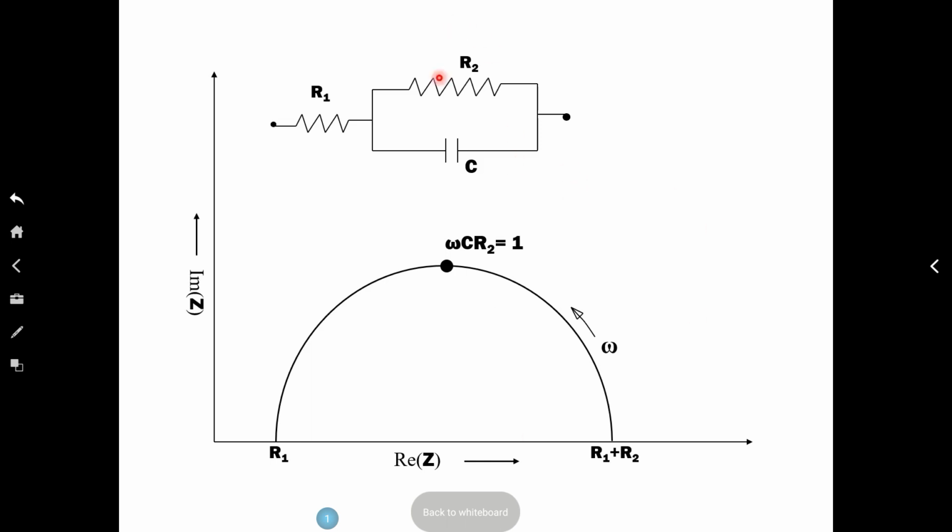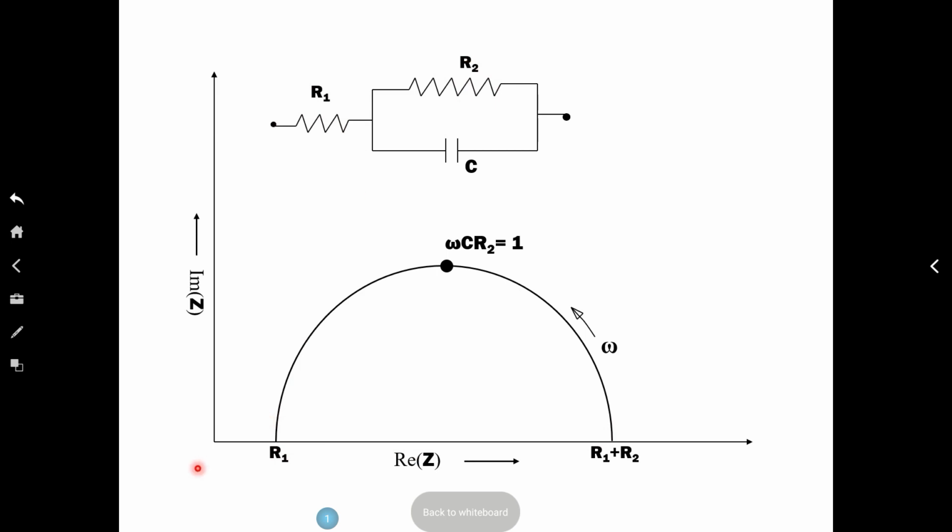Okay, so we talked about the RC path, and we know that gives you a sense of the impedance getting blocked. Well, what if you have an R component connected in series with the RC? The effect will be simply that the semicircle will shift by a certain amount, and that shift value R1 will represent that, and the diameter will still be this R in the parallel system.